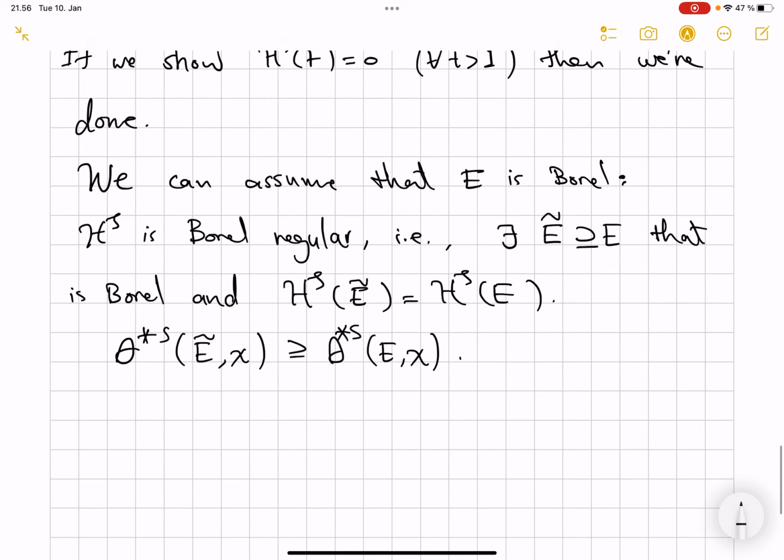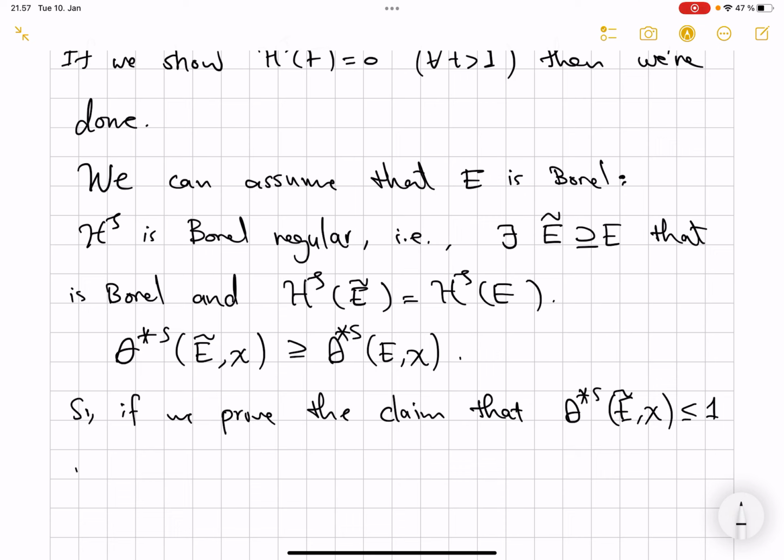So if we prove the claim that this upper density of E tilde at x is less than or equal to 1 almost everywhere, then we have proven the same for E. So that's why we can assume without loss of generality from the beginning that E is Borel.